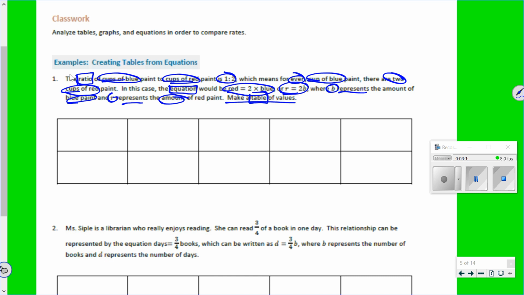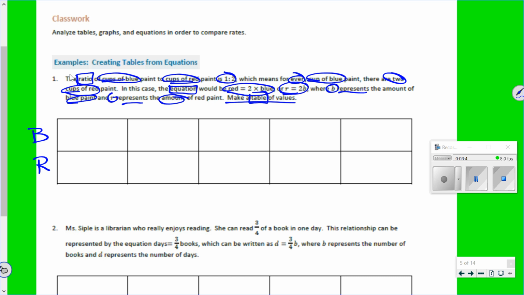So what is the first thing I need to do for my table? Devin? Label the R and B. Thank you. So what should we use? R and B, but what did it say? B and R, right? So B and R. Is that all I need to do for that? No, you need to make a side thing showing what B and R are.